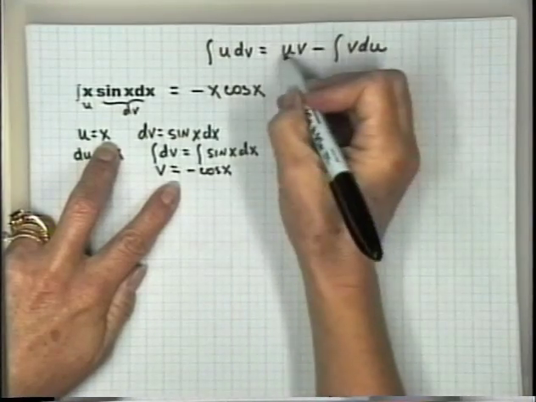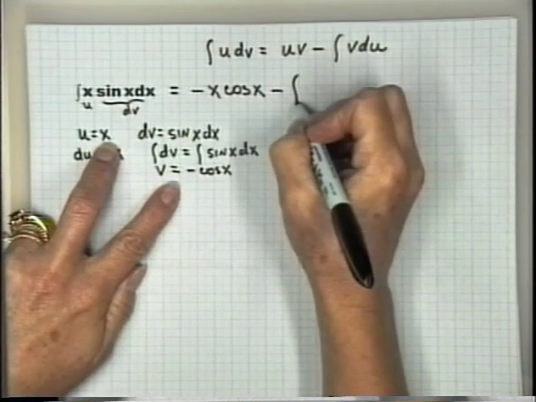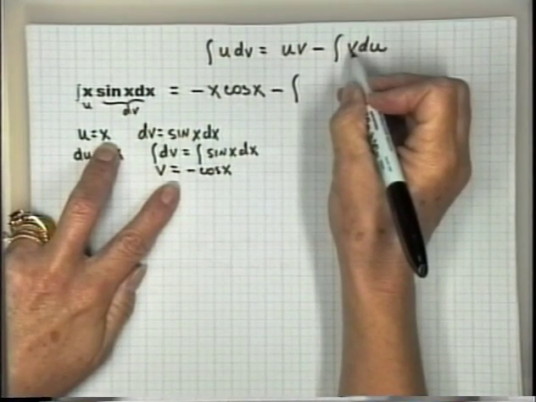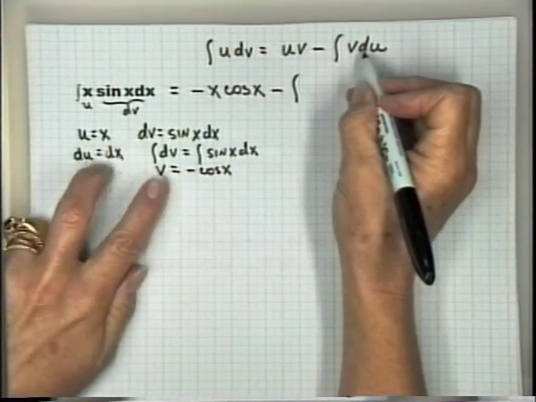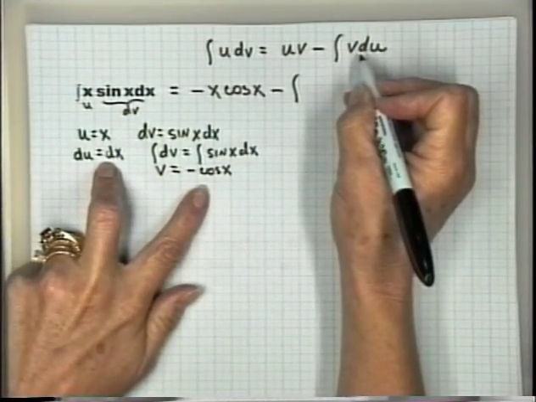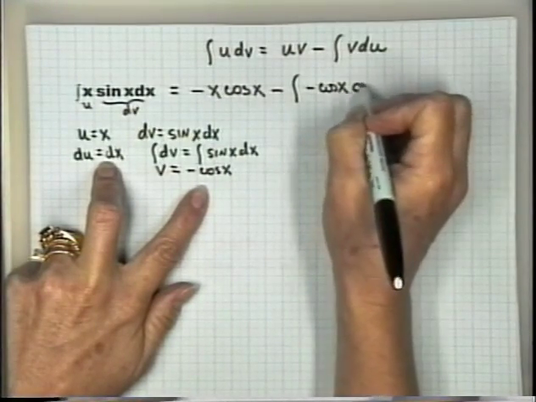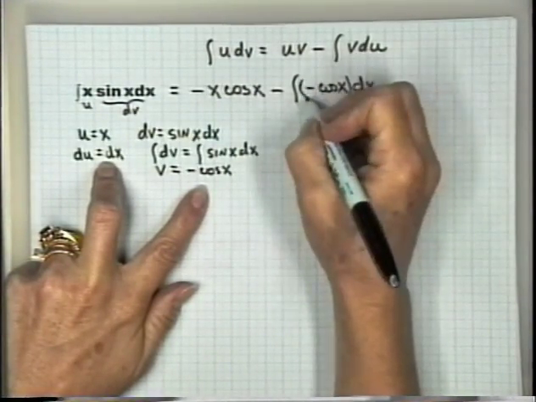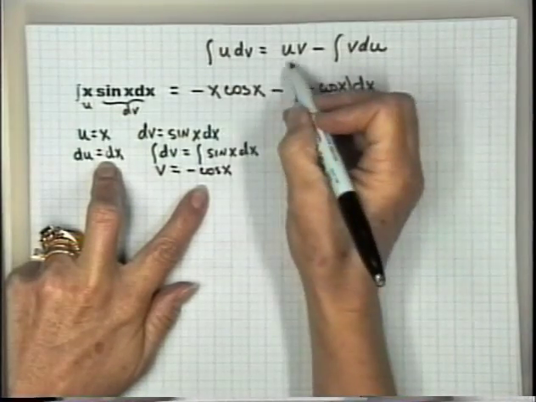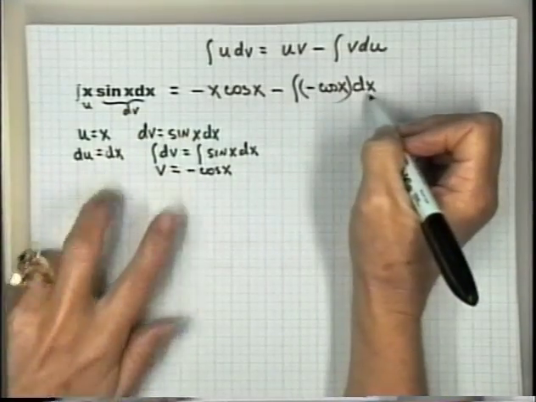We've multiplied u times v. Then notice we have minus the integral. Here we have v times du. Here's v and here's du. So multiplying those, we would have negative cosine x times dx. Okay? u times v is here, minus the integral of v times du.